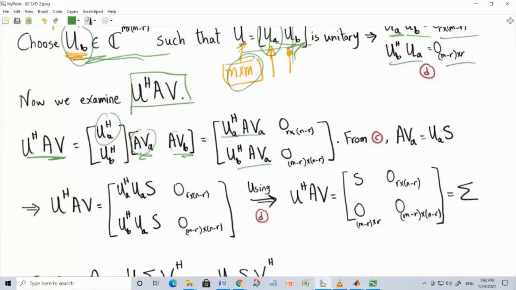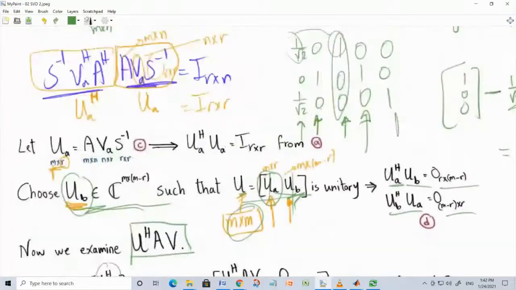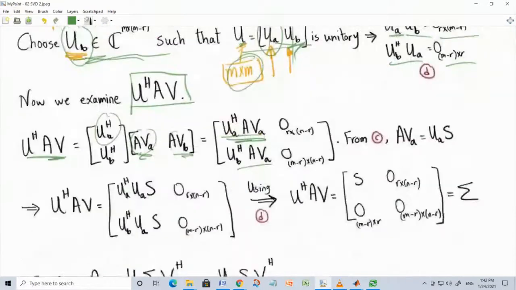Now, look here: how do we define UA? UA is AVA S inverse. So if you multiply both sides by S, UAS is equal to AVA, and you use it here and there.